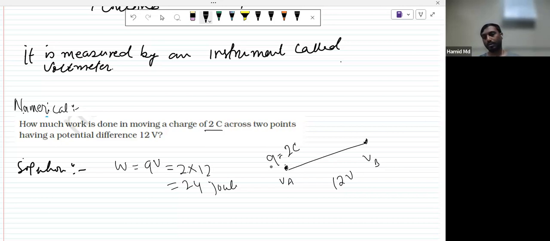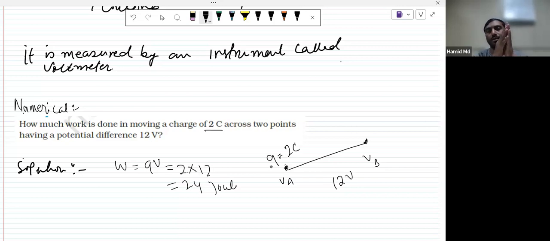This time you are saying it right. Earlier you made mistakes. You are confusing electric potential and potential difference.